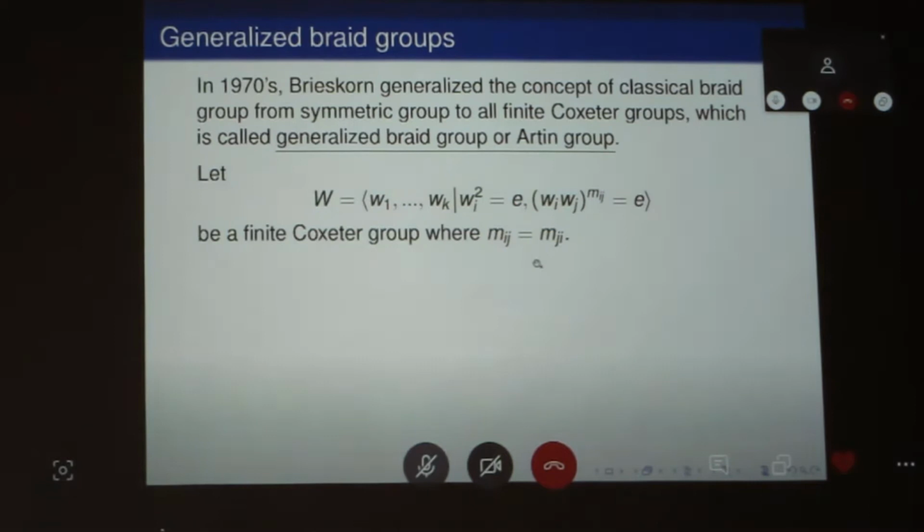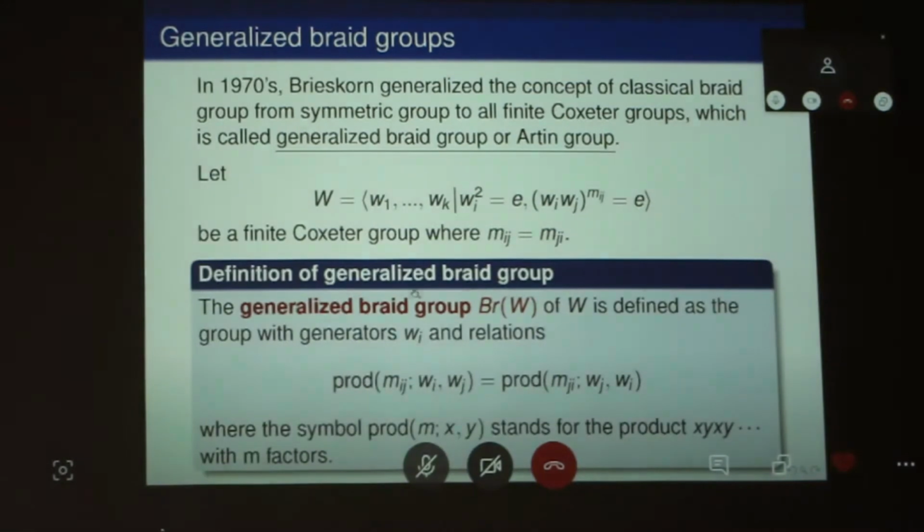Here, just a Coxeter group with this relation. Each generator has order 2 in the Coxeter group. With this condition, here is the definition of the generalized braid group.